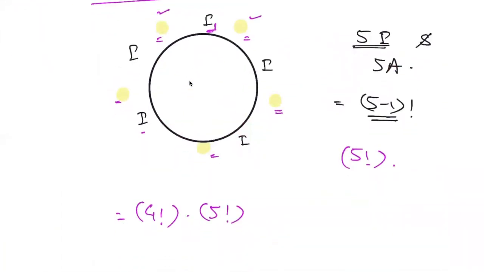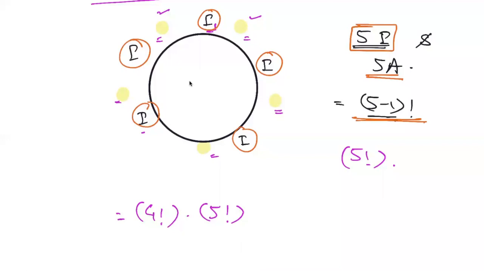I have given you the example like 5 Indians and 5 Americans have to sit in a circle in such a way that Indians and Americans are sitting alternately. So the first time when we are putting these five Indians in a circle, they will sit in 5 minus 1 factorial ways. So this is factorial of 4.